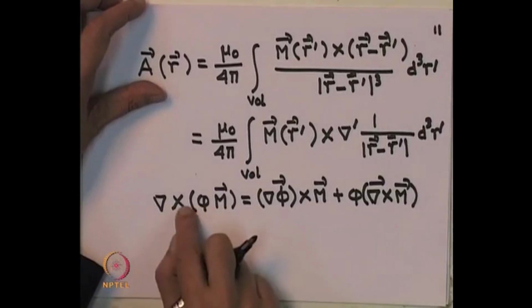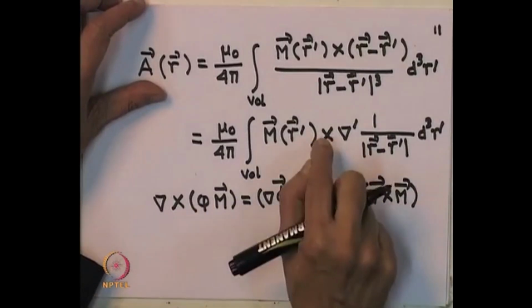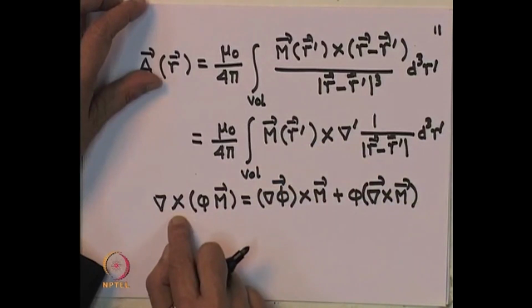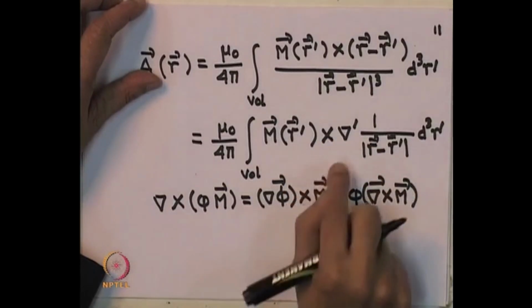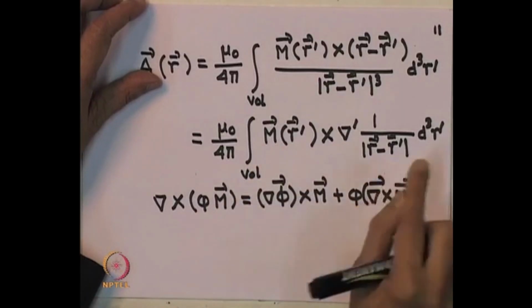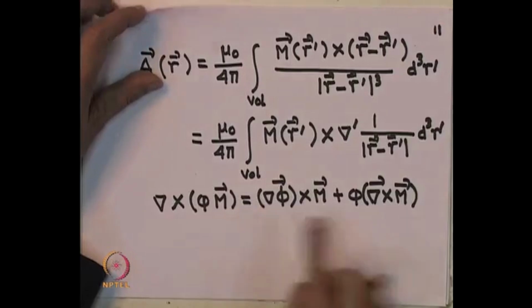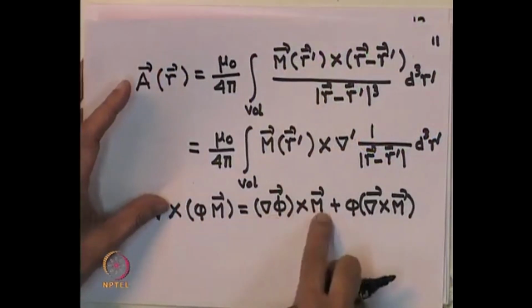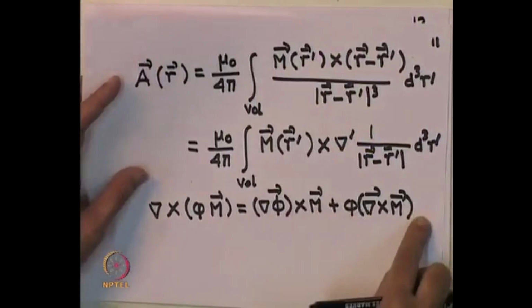So, if you now use this relationship and plug it into this expression, I will get a quantity which is, well, I have a del prime. So, del prime cross m by r minus r prime, and the minus sign that I have talked about. So, if you do that, then what you get is the following. I am using this expression to write this del phi cross m as this quantity minus that quantity.